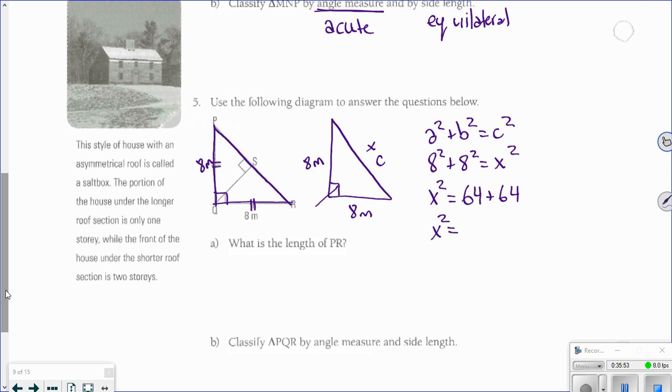So x squared equals 128. Last step is take your square roots. Square root of 128 is approximately 11.3 meters. In the question, meters; in the answer, meters. So the length of PR is 11.3 meters.